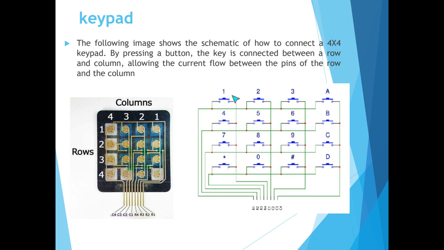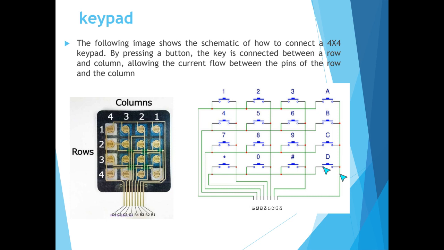And the keys from the other side, as you see, are connected to each other in the columns. For example, in this column, from the right side, switch 1, 4, 7, and star are connected to each other. This is column 1, column 2, column 3, and column 4.